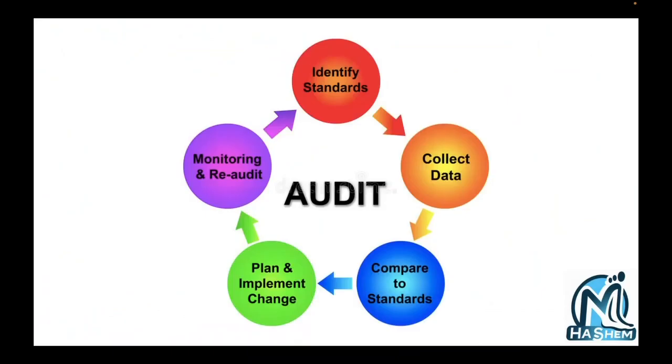To run an audit, you have an audit cycle. Firstly, you have to understand what you are doing and identify that the practice you are doing is not up to the standard. Then you identify the standard. You need to find the guidelines for the point you are going to audit. Then you need to collect the data about what you are doing now, about your current practice, and then compare this to the standards.